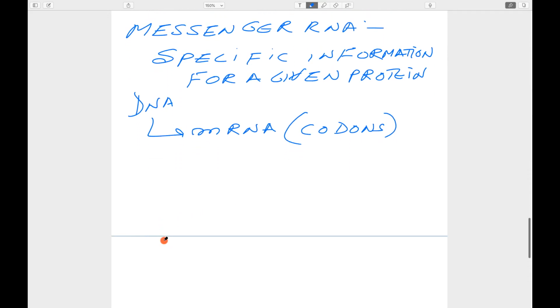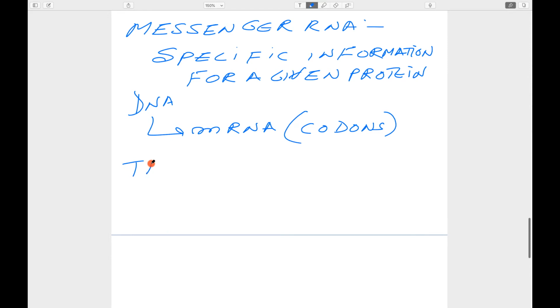Okay. The next one is transfer RNA. When you talk about the transfer RNA, it carries amino acids.